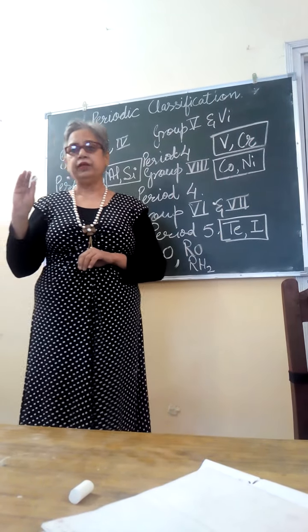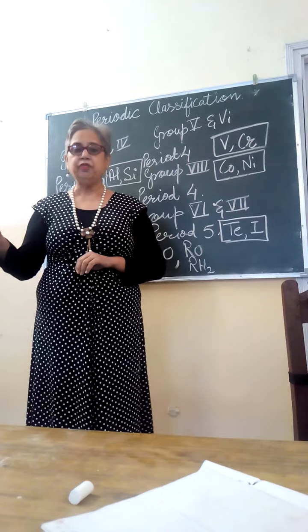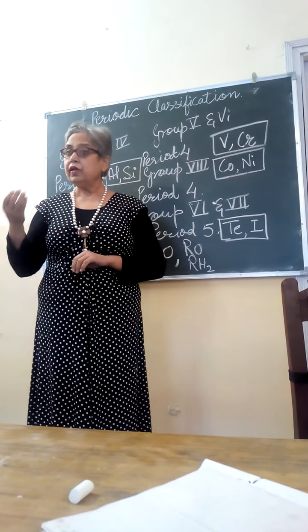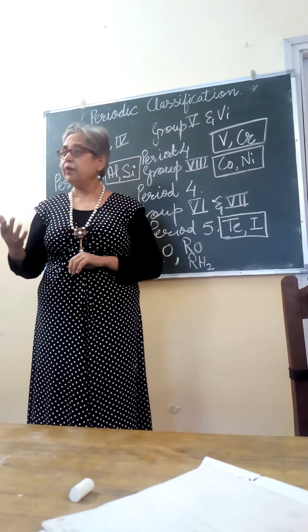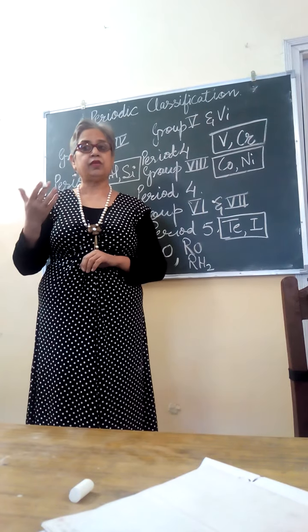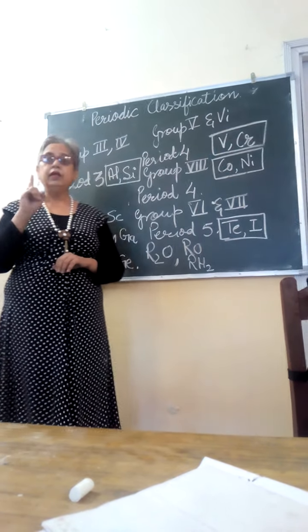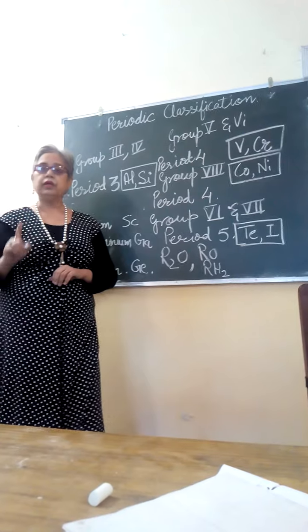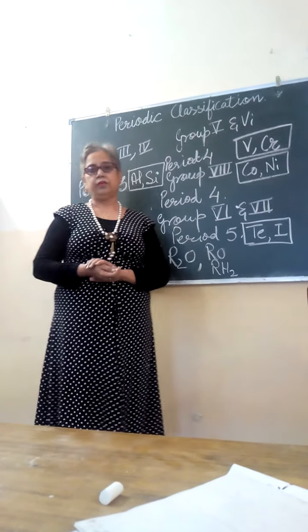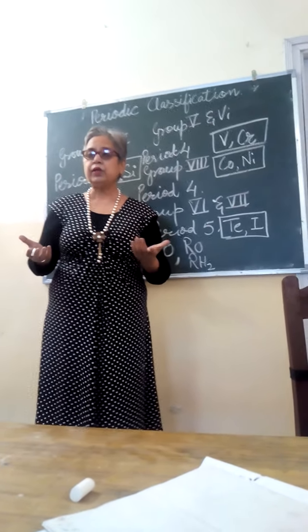Now what happened? What are his achievements? And what are the achievements which helped to give authenticity to his classification was, number 1, there were anomalous pairs. Now what are anomalous pairs?